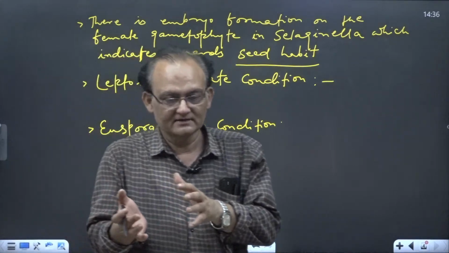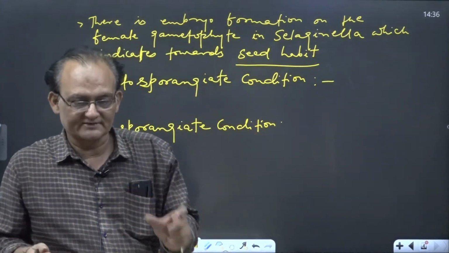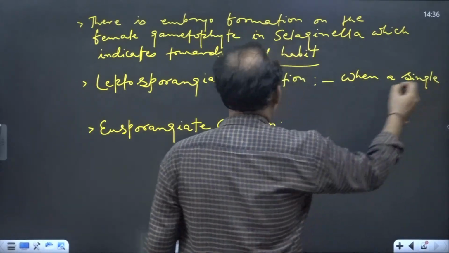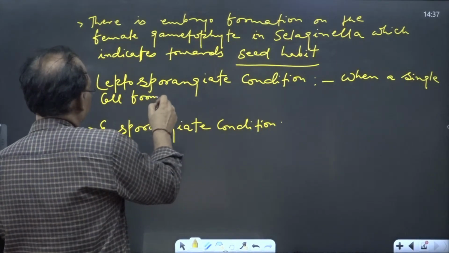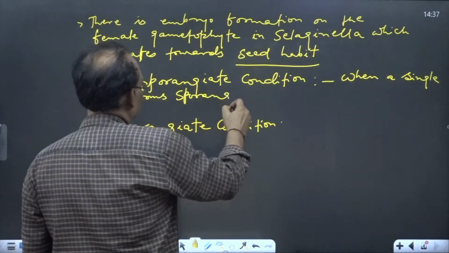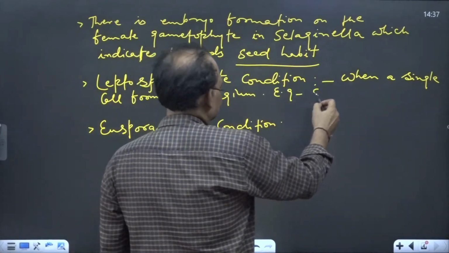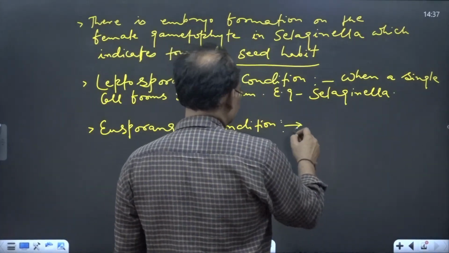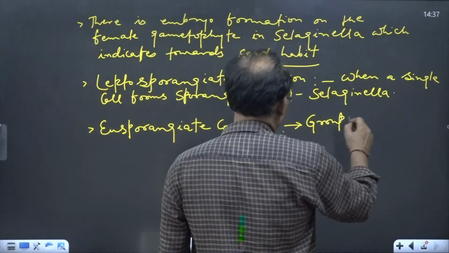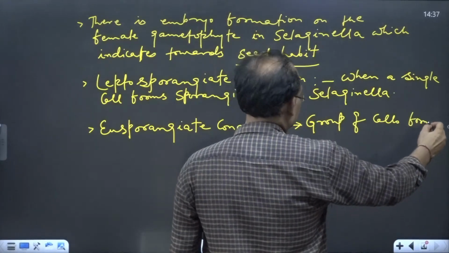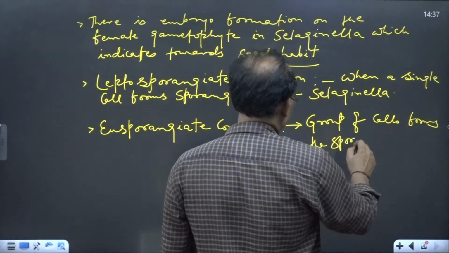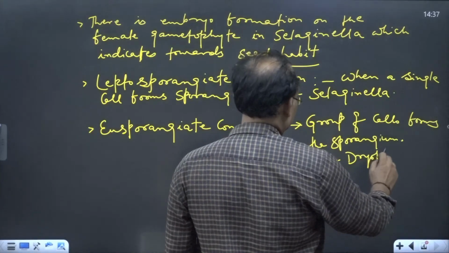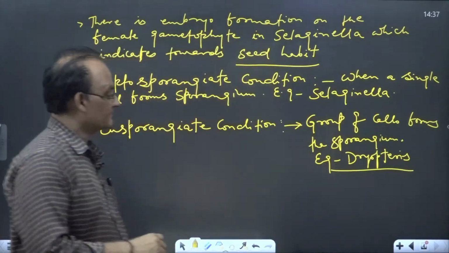And when a group of cells forms the sporangium, then it is called eusporangiate. तो इसमें ये लिख लो कि when a single cell forms sporangium, example Selaginella, and in eusporangiate you write that group of cells forms the sporangium. This is found in Bryopteris, right?